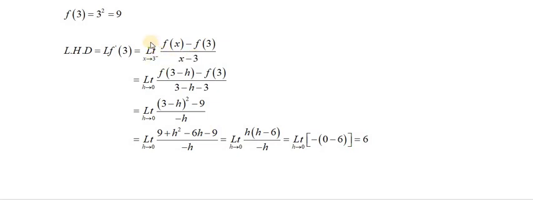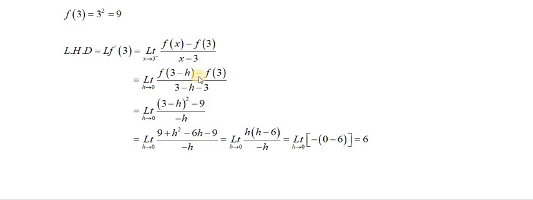Now I am going to change the limit x tends to 3 minus as limit h tends to 0 by replacing x by 3 minus h. So, numerator becomes f of 3 minus h minus f of 3 divided by denominator 3 minus h minus 3.